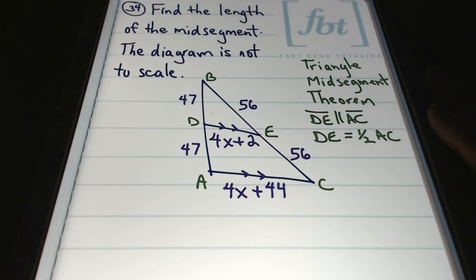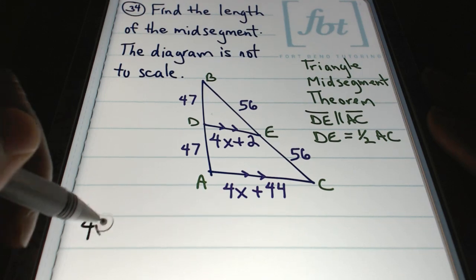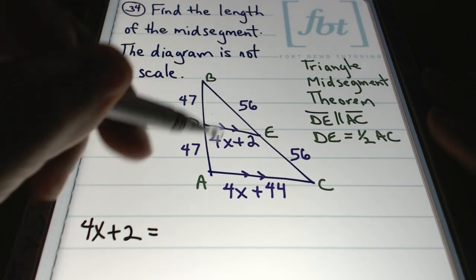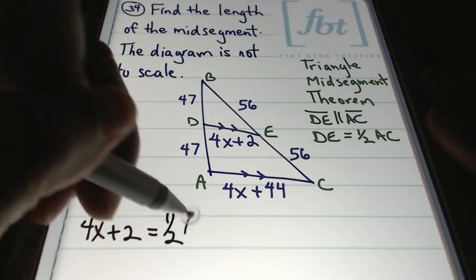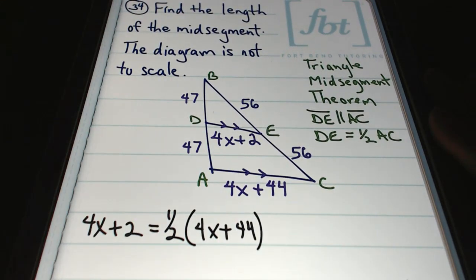So that means that 4x plus 2, if we were to set this up as an equation, would be equivalent to half of our base here. Half of the 4x plus 44 is what we'll be dealing with. And that's the way you set it up for solving for x for our midsegment here, okay?